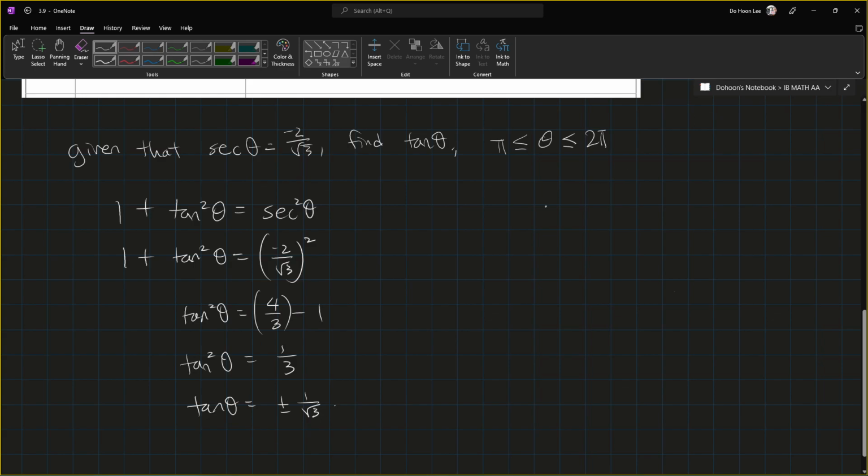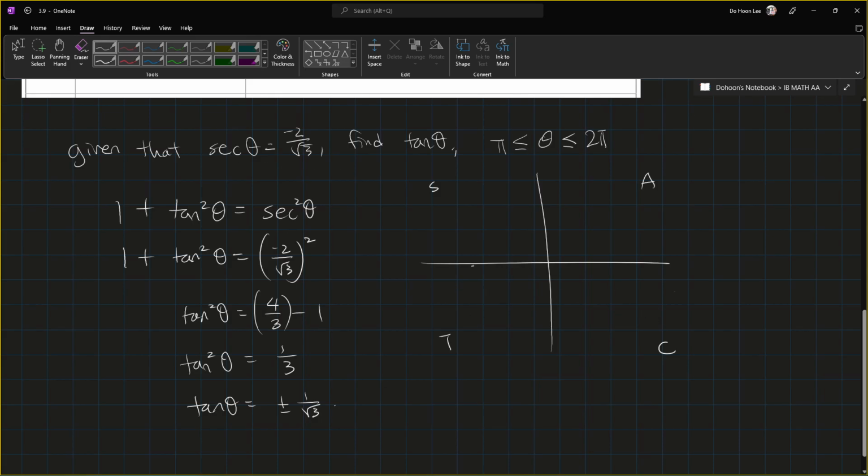One way to check that is to draw our quadrants with the labels A, S, T, C. I think you've seen this before, where the first quadrant, A, stands for all. The sine, tangent, and cosine are all positive. In the second quadrant, only the sine is positive, the tangent and cosine are negative, and same thing for the rest.